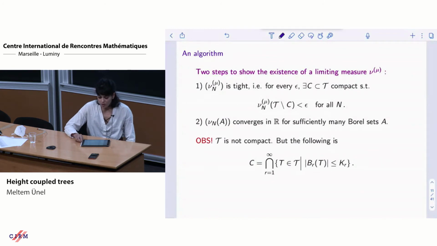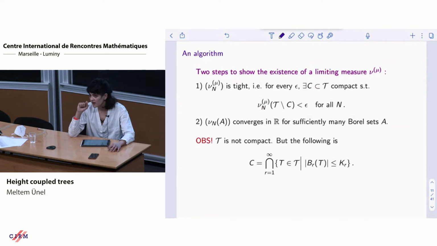And let's go back to the question of local limit. I said that I want to show the existence of a local limit as the weak limit of a sequence of finite size height-weighted measures. But as I tried to say at the beginning, these height couplings are somehow non-local, in the sense that the weight associated with a tree cannot be written as the product of factors associated with the vertices, as in the case of branching processes.